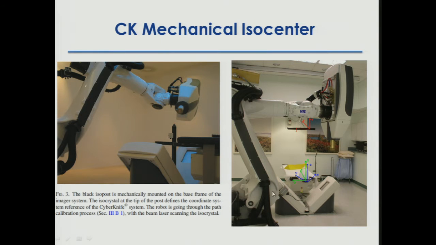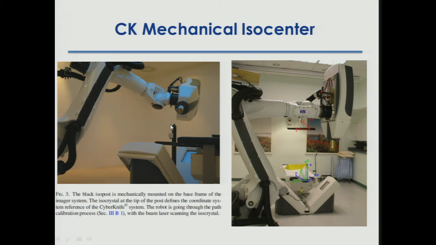The robot coordinate system is rotated 45 degrees to the patient coordinate system. There's an imaging coordinate system, which I haven't drawn in this picture, and the synchrony coordinate system. The tip of the isocrystal defines the origin of these coordinate systems and is the mechanical isocenter.